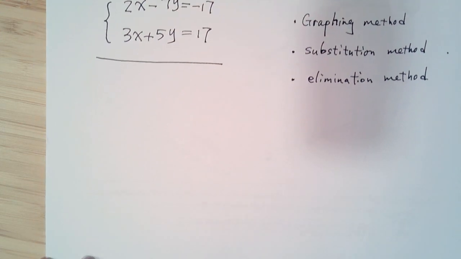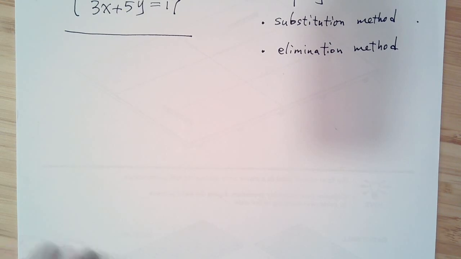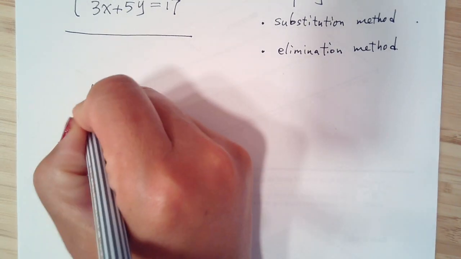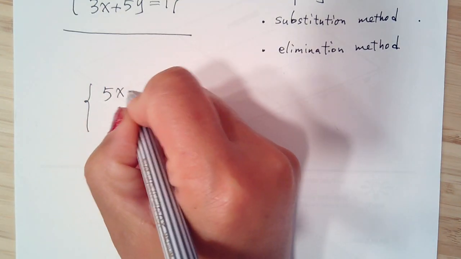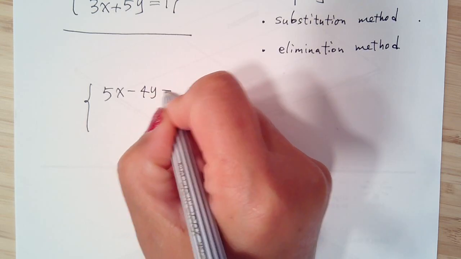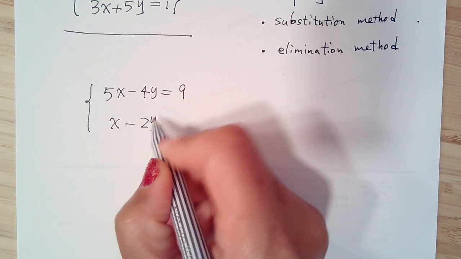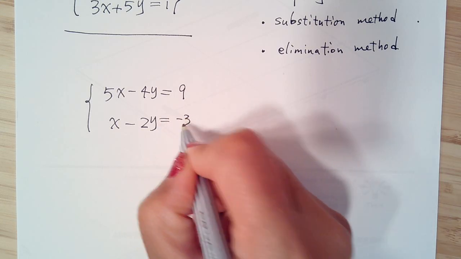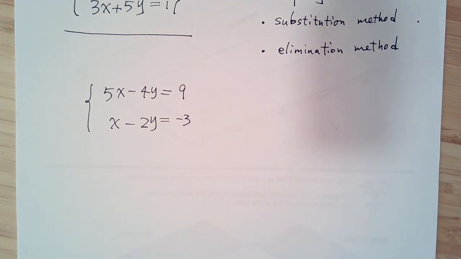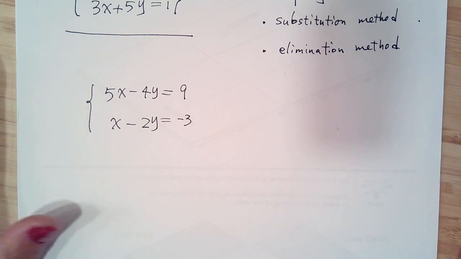Okay, so substitute. You know what I'm going to do, right? So let me give you the example. 5x minus 4y equals 9, and x minus 2y equals negative 3. Let's look at this system. Look at those two equations first.